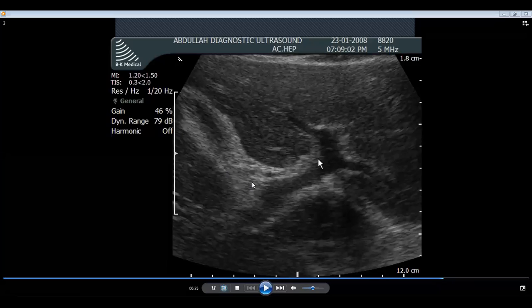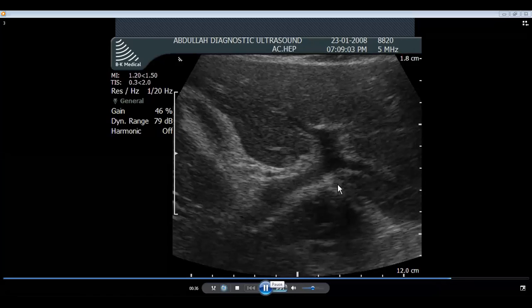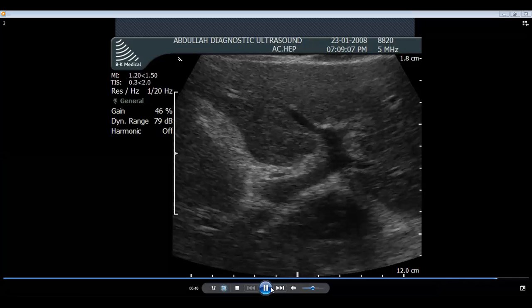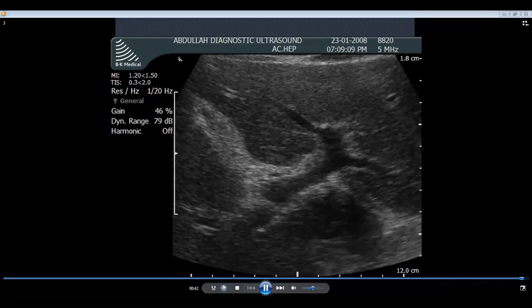So this is how you see the deer, or you can see a squirrel with a bushy tail of the gallbladder. So this is how we see periportal edema due to acute hepatitis.